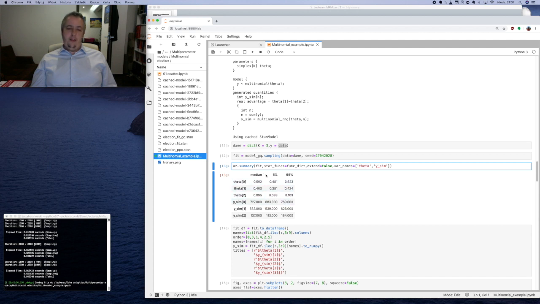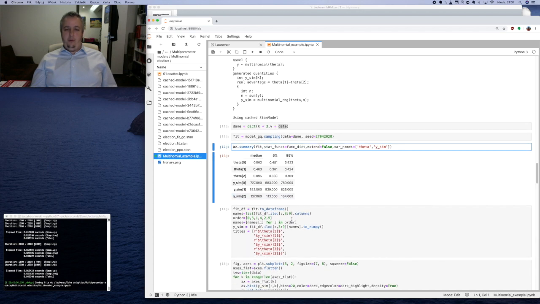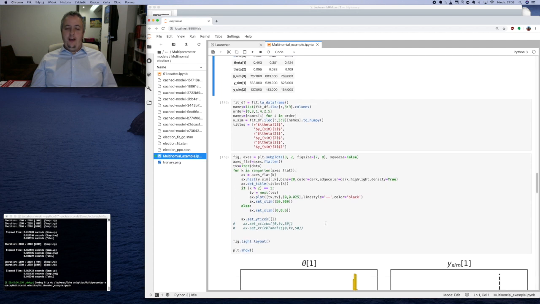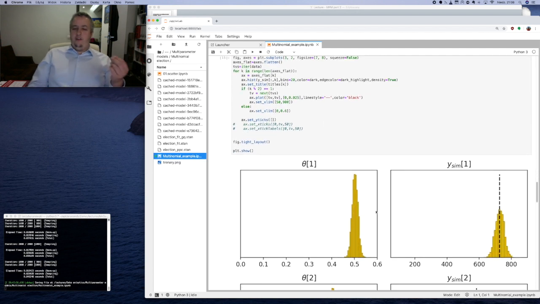We have nice, tight estimates of those values. We will compare them with the histograms in a moment, but our 90% intervals are rather thin, and the estimated values correspond rather well to our original data, which we'll see in a moment. Again, some data manipulation magic, and we have our marginal histograms.